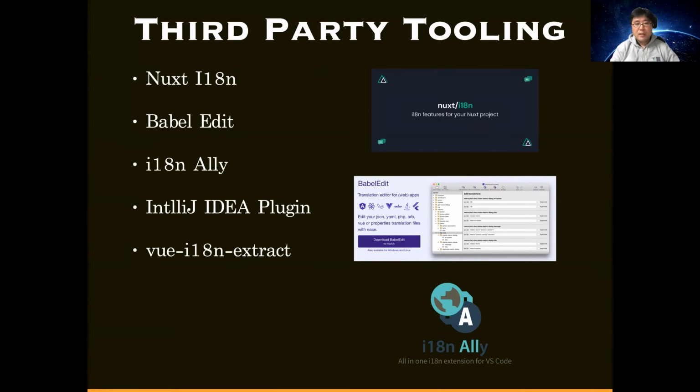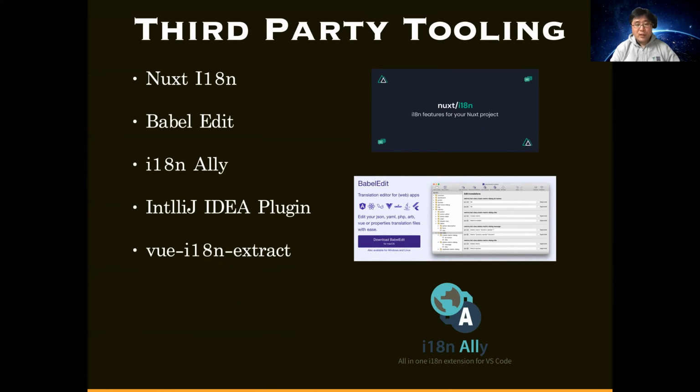Bubble, an editor to support the translation of Vue I18n locale messages. I18n Ally supports translation of Vue I18n locale messages and message key completion for developer experience in Visual Studio Code. There is also an IntelliJ IDEA plugin and Vue I18n extract, which can check the usage of locale messages. You can use these tools to improve developer experience for I18n development with Vue I18n.